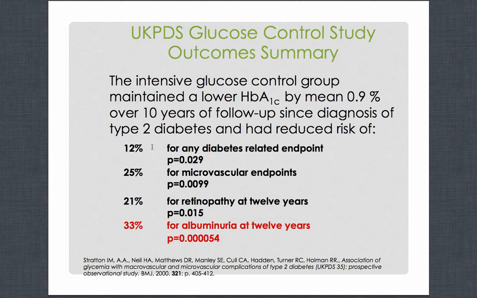So albuminuria is the excretion of albumin, of protein, into the urine, which is a hallmark sign of diabetic kidney disease and more advanced chronic kidney disease. And so 33%, that's obviously a large reduction, and it illustrates the strong association between blood glucose concentrations and renal complications.